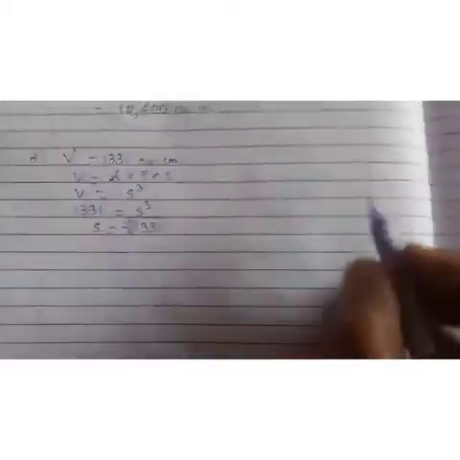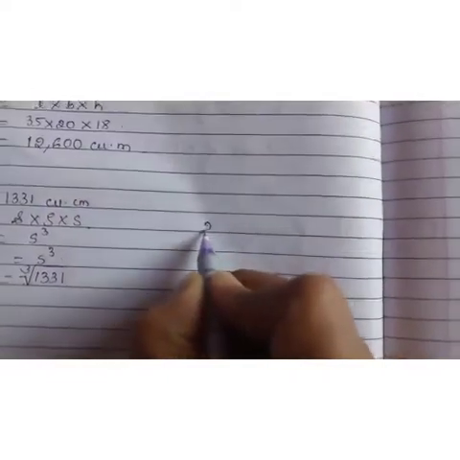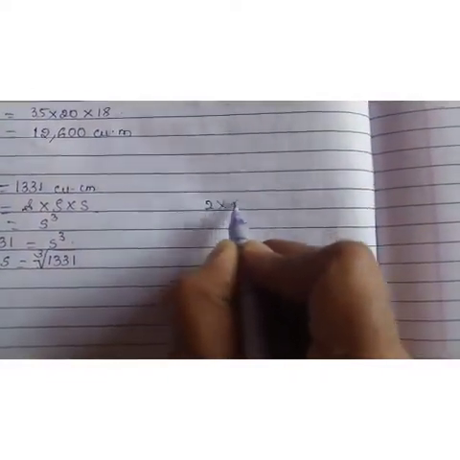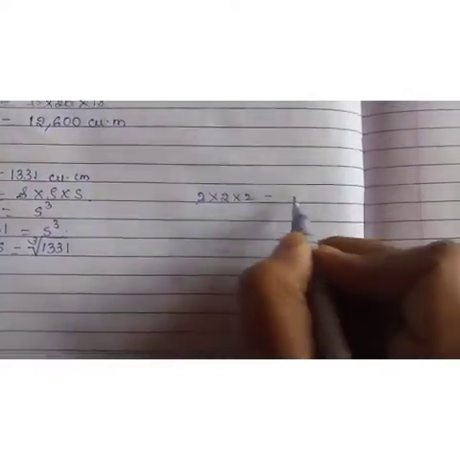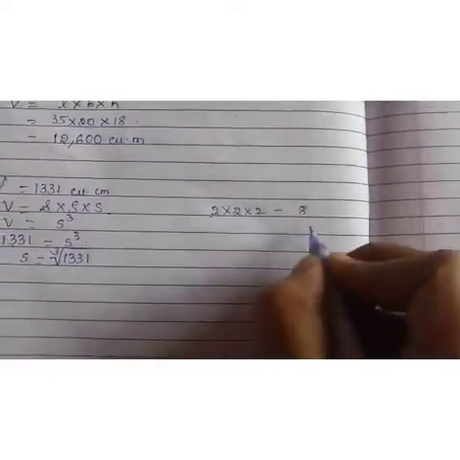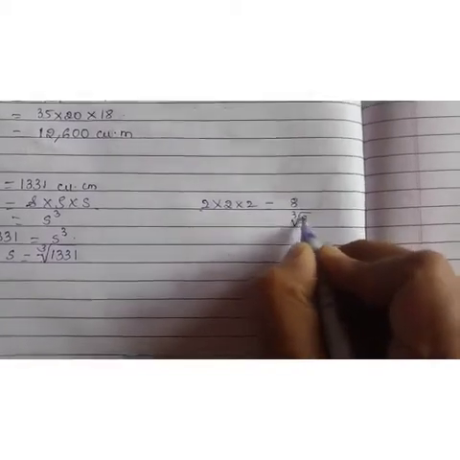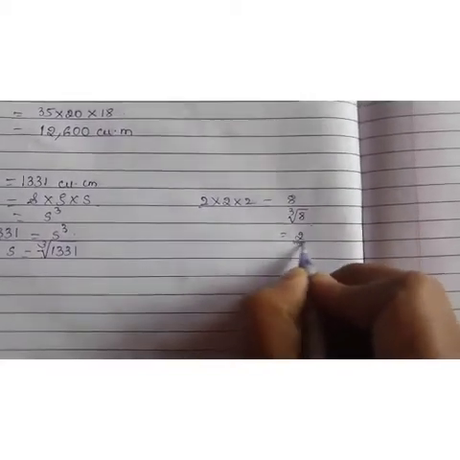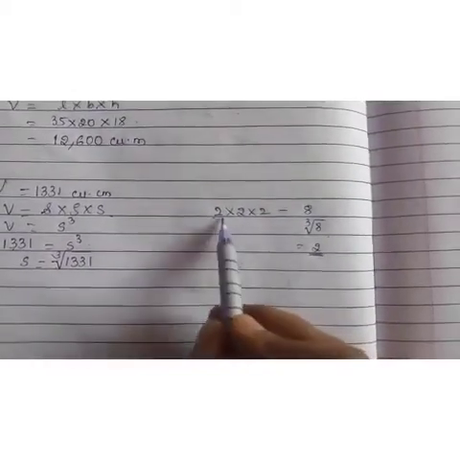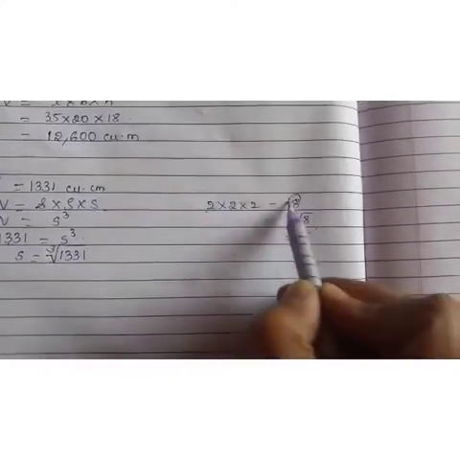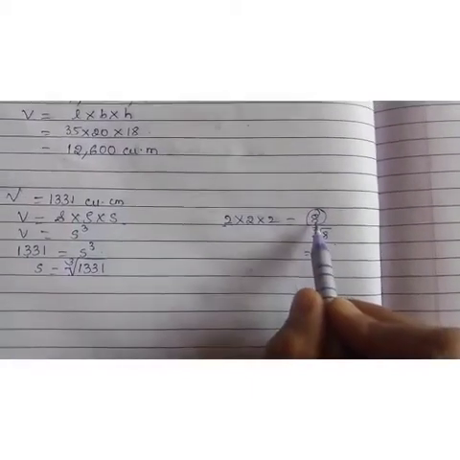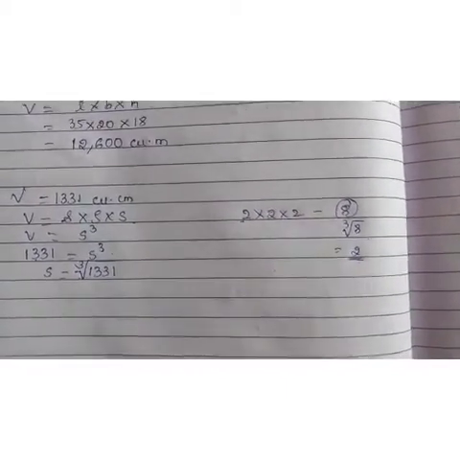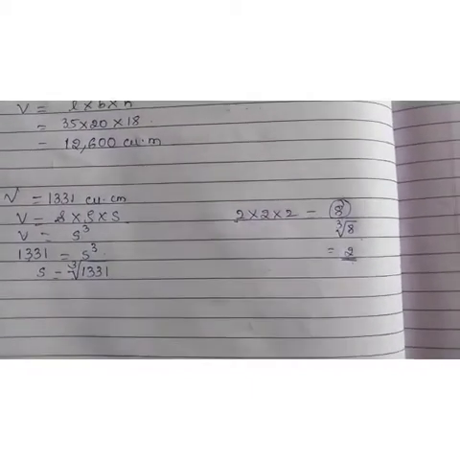Suppose I take 2 into 2 into 2, what you get? 2 twos are 4, 4 twos are 8. So when I write cube root of 8, I get the answer 2. That is, any number when it is multiplied 3 times, you get this answer, isn't it? So this 2 is called the cube root of 8. Is the concept clear about cube root?